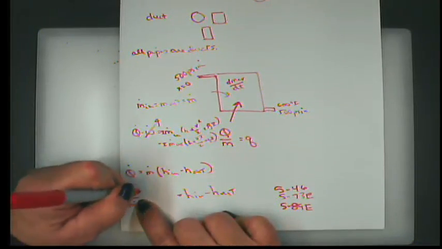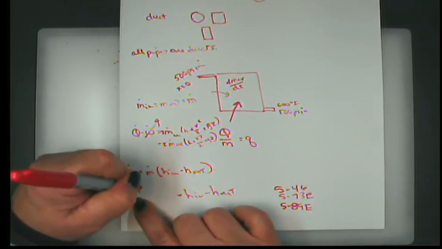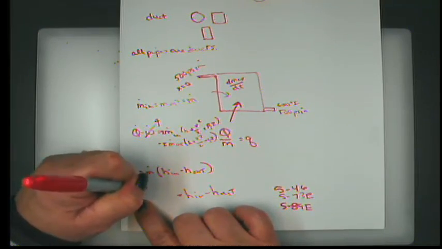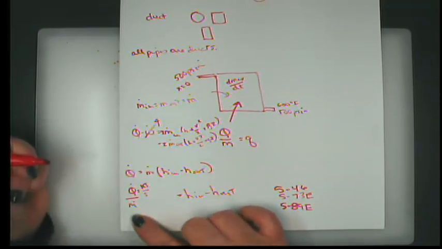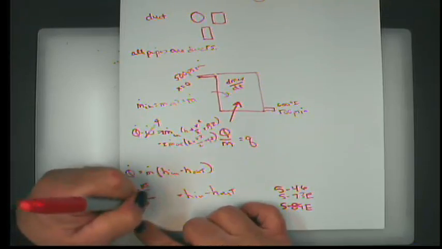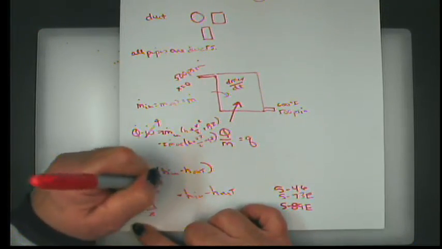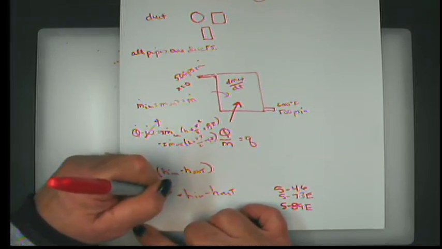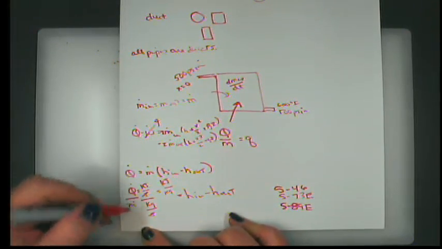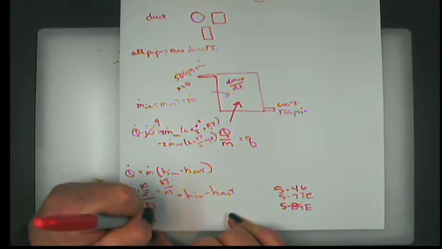Q dot is in units of, say, kilojoules per second. Mass flow rate is in kilograms per second. This cancels out, and you're left with kilojoules per kilogram. So Q dot over m dot is little q.